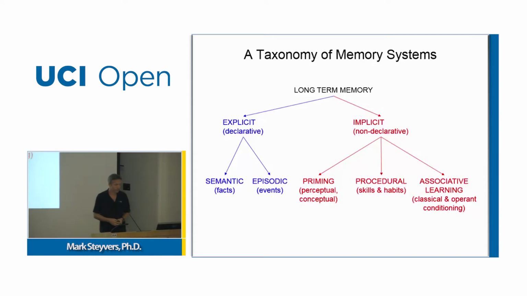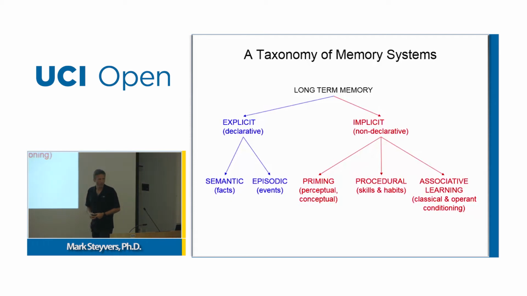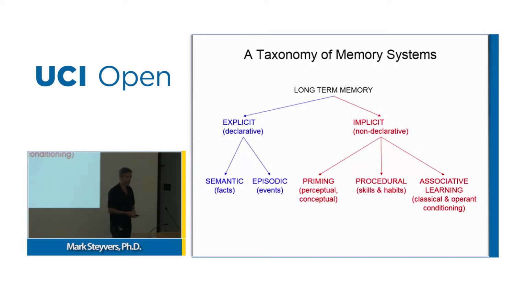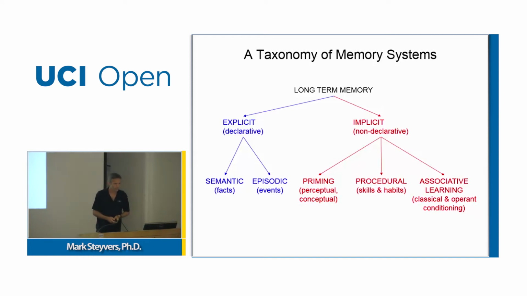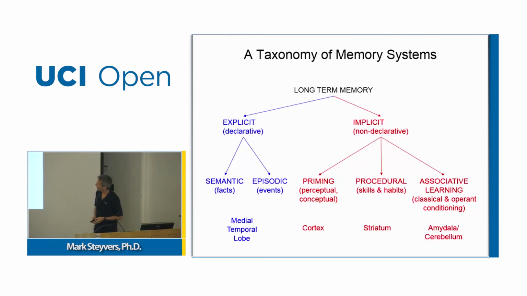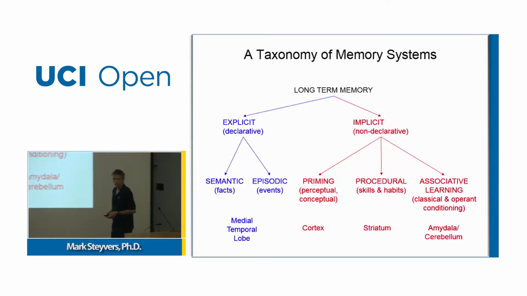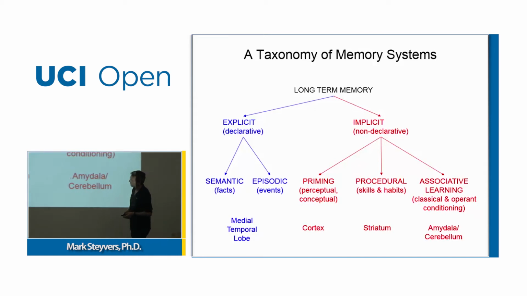Next week, we'll talk about associative learning, classical and operant conditioning, where you learn about stimulus-response relationships in the environment. And those are also a form of implicit memory. Okay, and there are different areas of the brain associated with these types of memory.